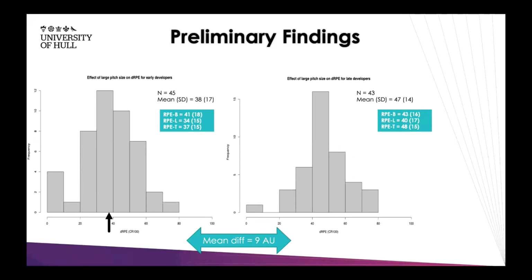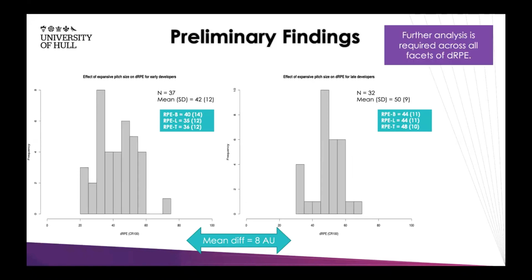In comparison, the mean was 47 for the late developers, again, a mean difference of 9 arbitrary units. And finally, the expansive pitch, the mean RPE for the early developers was 42. In comparison, the mean RPE for the late developers was 50. Again, a mean difference of 8 arbitrary units.